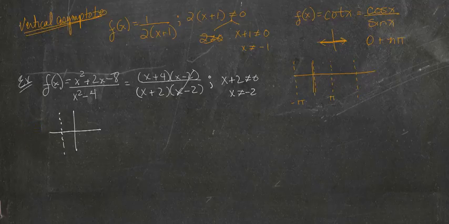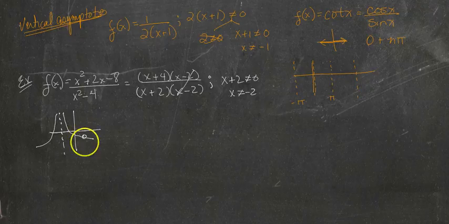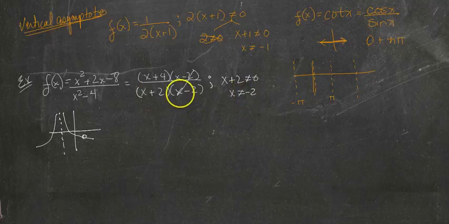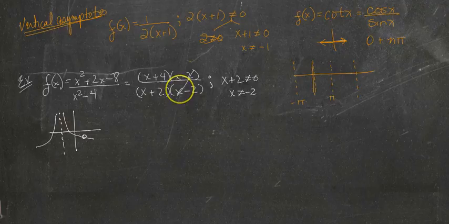So say this graph comes up and goes off toward infinity, but on the other side it does something like this, where there's a hole at x equals 2. Did I do that backward? Nope. At x equals 2, there would be a hole, and at x equals -2, there would be an asymptote, because I was able to resolve the factor that would have caused an asymptote at x equals 2.